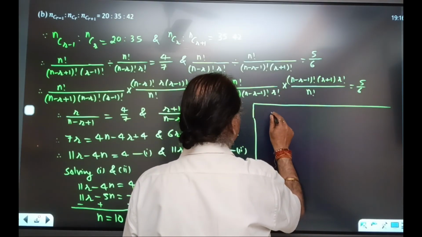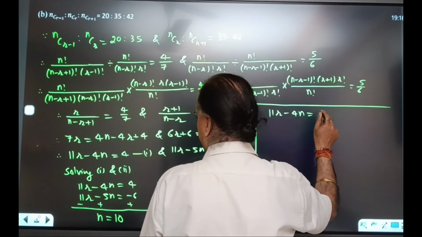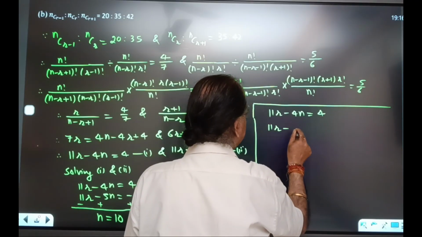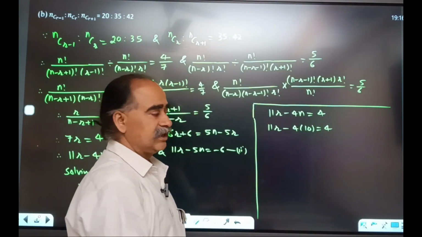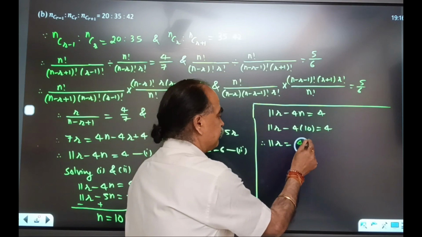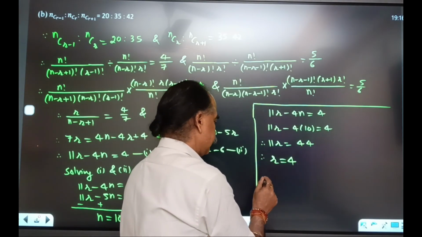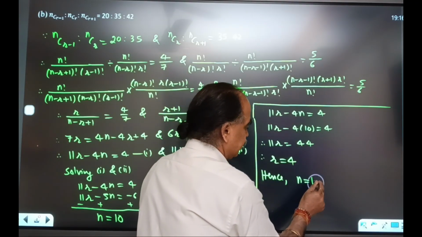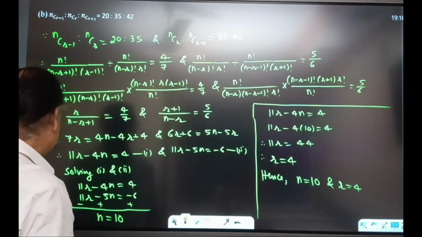Since 11r minus 4n is equal to 4, 11r minus 4 into 10 is 4. So 11r will be 44, r is 4. Hence n is equal to 10 and r is equal to 4.